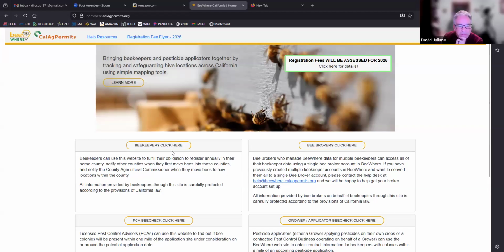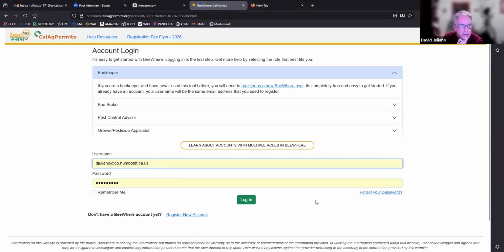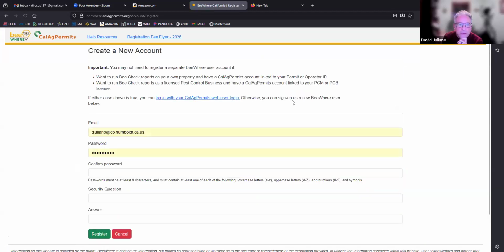So let's go through just pretending to create an account here. If you are a beekeeper and have never used this tool before, you need to register as a new Beware user. Completely free. You would just put in your email, standard email password, and a security question and answer.